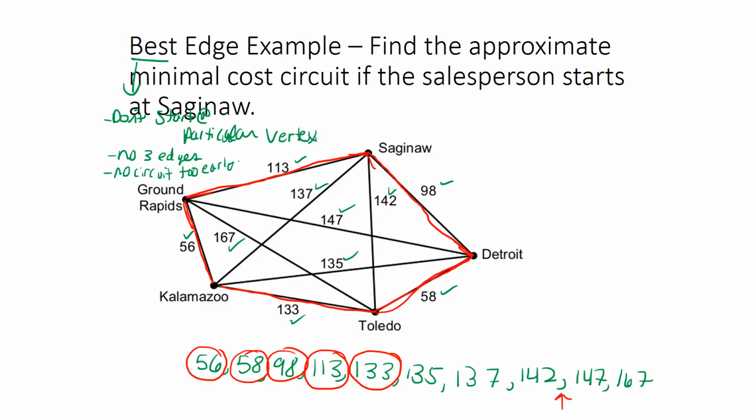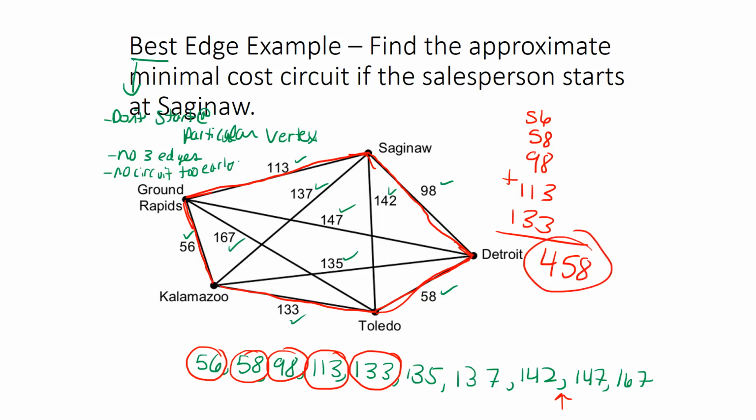Find the approximate minimal cost circuit. So now I just add them up. $133. So I get, when I add those up, $458.